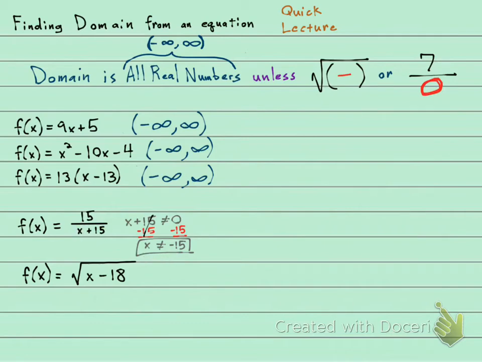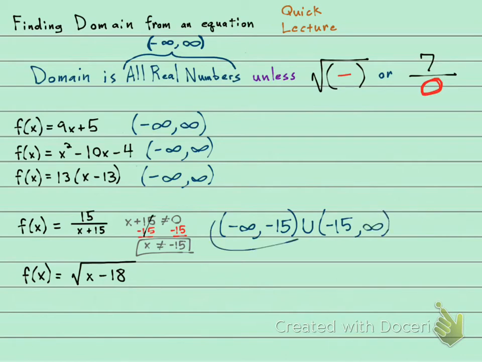So how do we write that in interval notation? Well, it's going to be all real numbers except for negative 15. So it's everything from negative infinity to negative 15, and then we stop at negative 15. And it's going to be in union with everything from negative 15 to infinity.